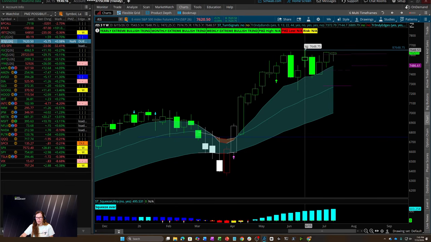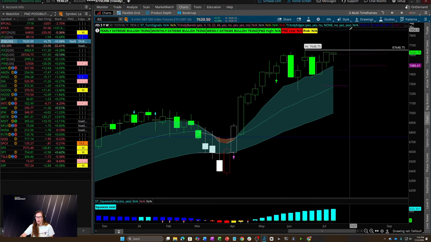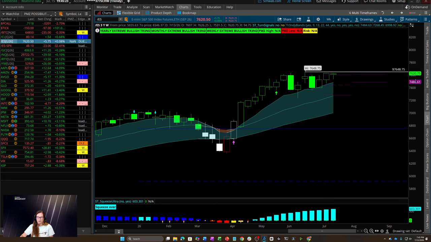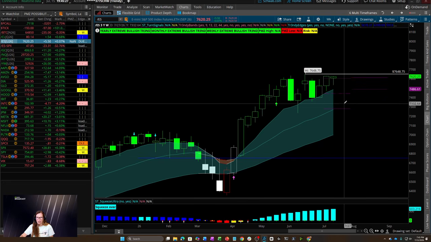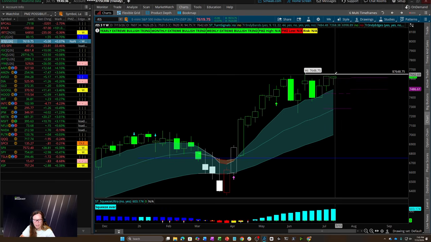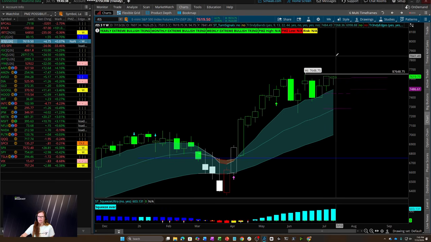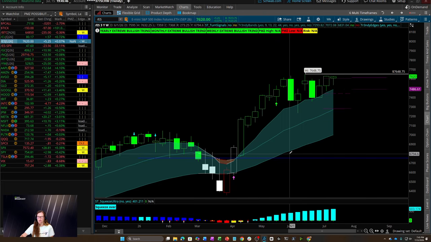I've got the all-time high, but what if I need a target above an all-time high? If I want to swing trade the S&P 500 and I want to swing it out for a couple of months, right? I need higher targets. Because we are at all-time highs, this is when I will utilize the Fibonacci extension tool.